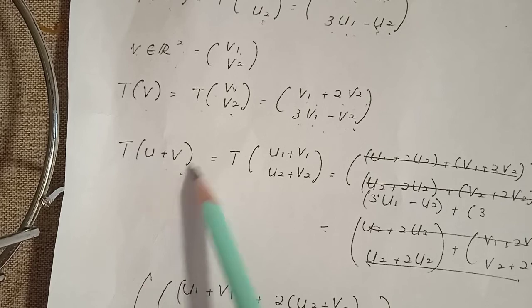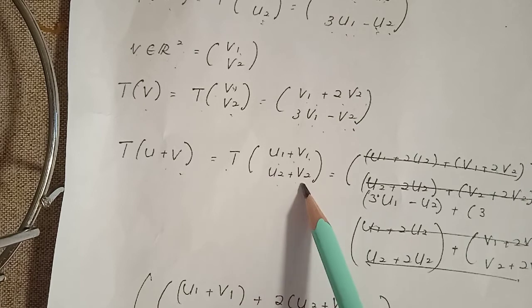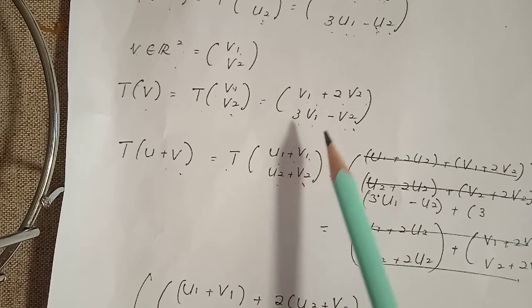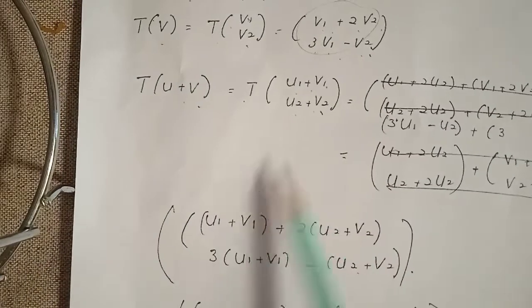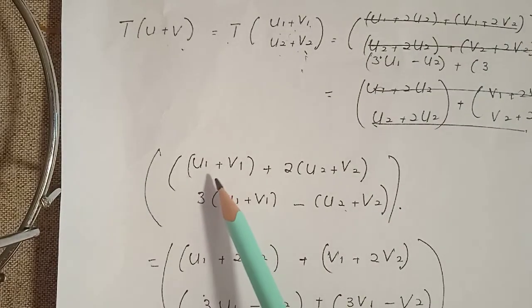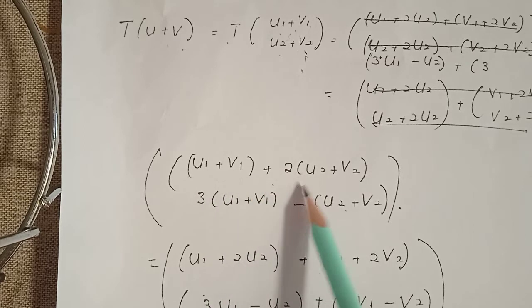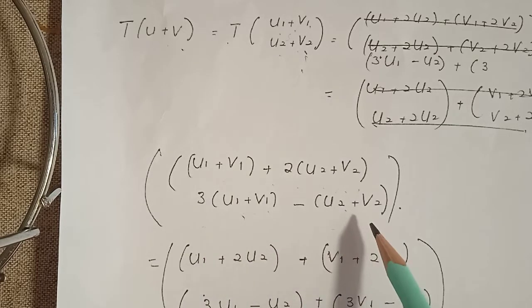Therefore T of U plus V is T of U1 plus V1 and U2 plus V2. By applying this formula, since the first component is U1 plus V1 and the second component is U2 plus V2, it is assigned to U1 plus V1 plus 2 times U2 plus V2. The second component is assigned to 3 times U1 plus V1 minus U2 plus V2.